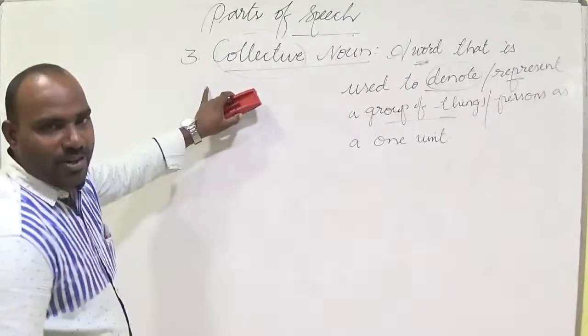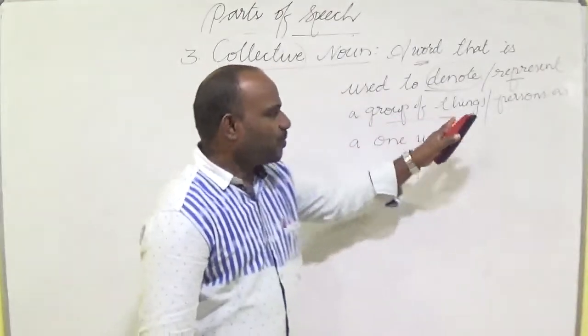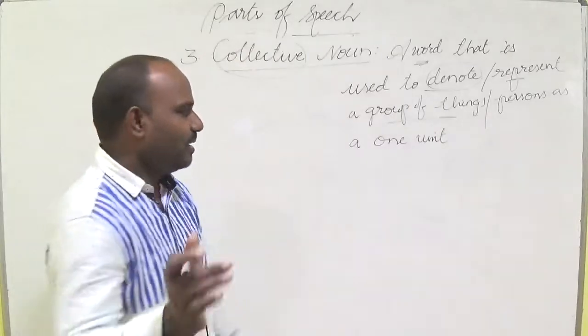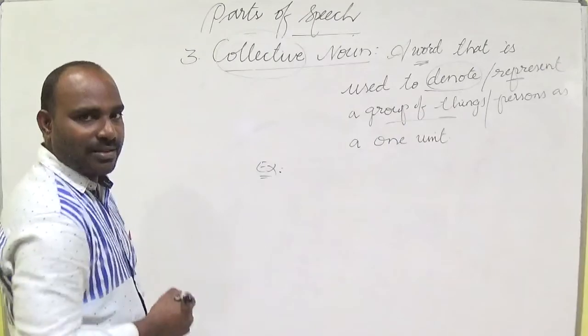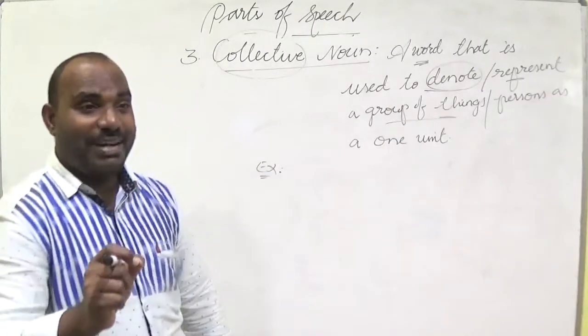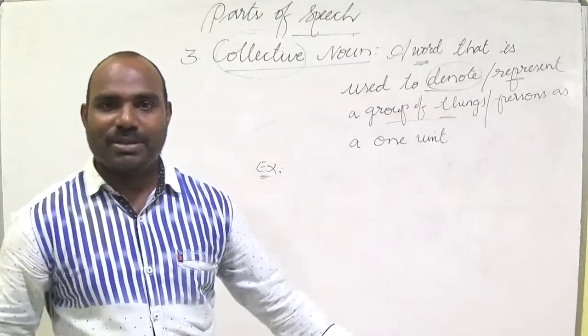A collective noun is a word that denotes or represents a group of things or persons as a whole unit or one unit. For example, the benefit of using a collective noun is that we need not use the names of all the people.